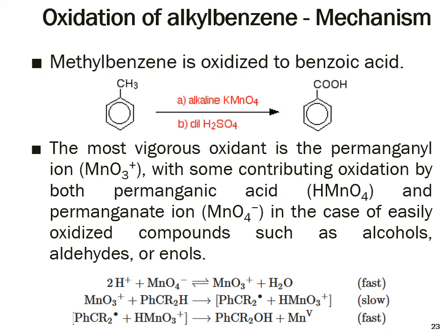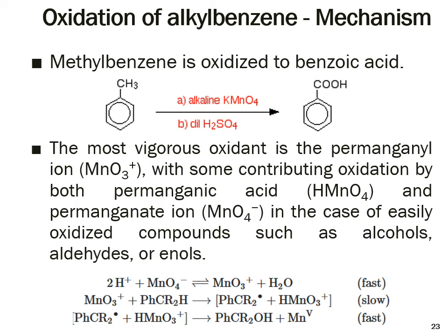So if you look at this mechanism, how it happens, the MnO4 negative ion, which is generated in the solution, takes up protons and is converted to MnO3 positive, the permanganyl ion, and a water molecule leaves. This is a fast step.